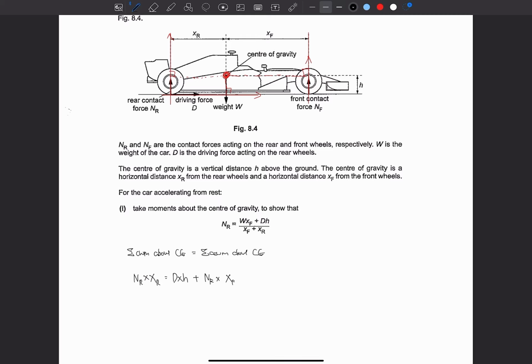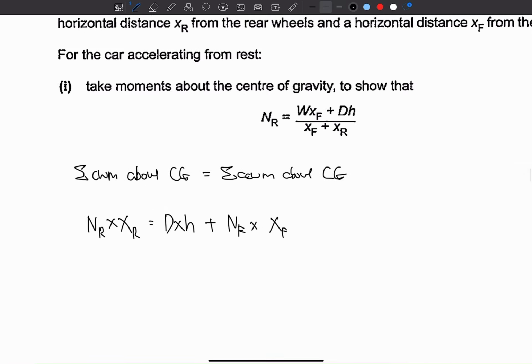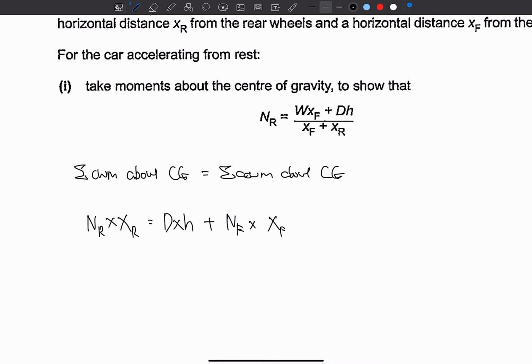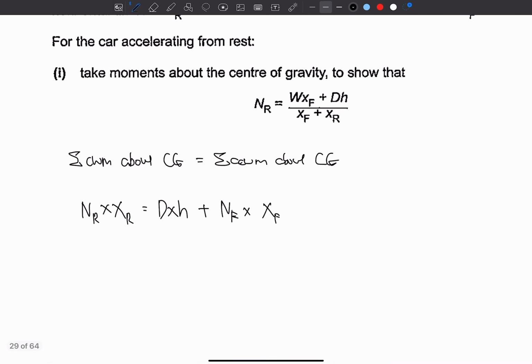Alright, so basically we need to solve for NR. NR would just be DH plus NFXF all over XR. Done.